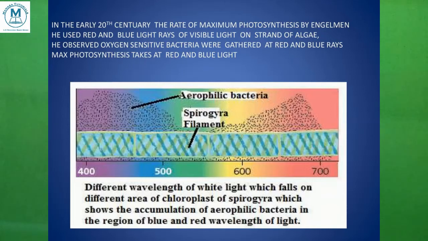When he did that, he observed a huge number of oxygen-sensitive bacteria in the region where red light and blue light fell. From this he concluded that maximum photosynthesis takes place in the red and blue regions of the light.